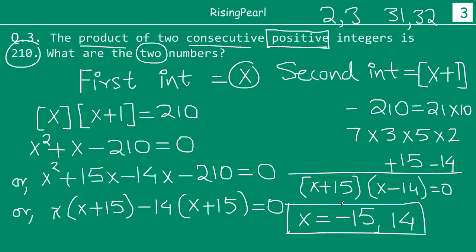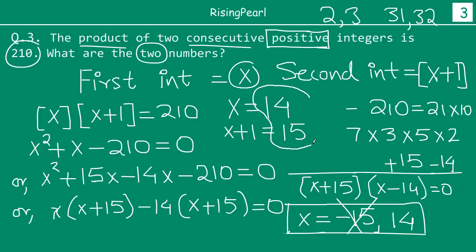So x cannot be negative. x cannot be minus 15. x has to be 14. So if the first number, which is x, is 14, then my second number, which is x plus 1, will be 15. So these are my two numbers.